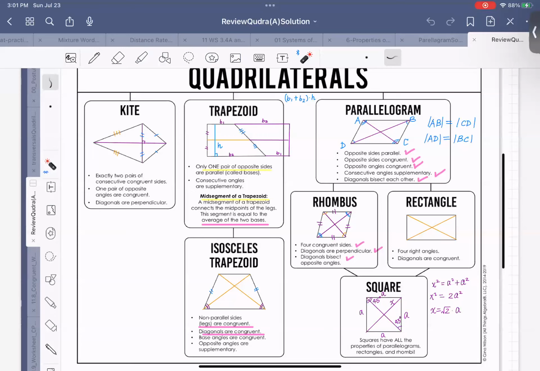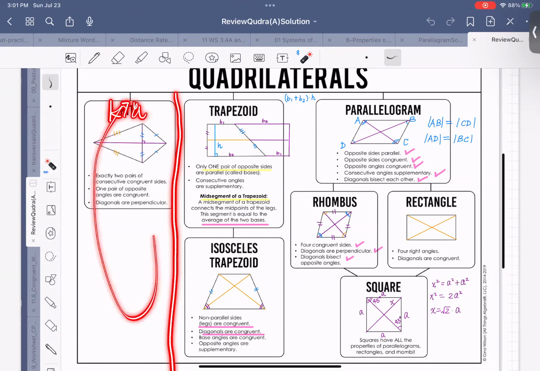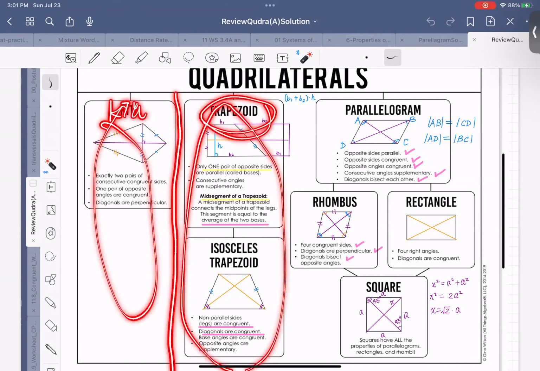Everyone will need to send me a picture of this page. You can put the title of kite and leave it blank. You can put the trapezoid and leave it blank.